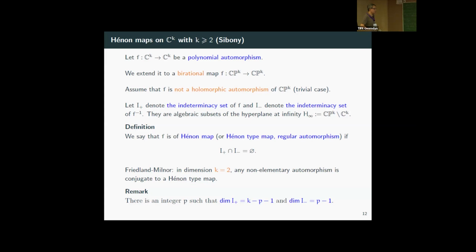And it's not true in higher dimension, but still it's a big family of automorphisms. Also it's not difficult to prove that there is some integer p such that the dimension of I plus is k minus p minus 1, and the dimension of I minus is p minus 1. So the dimension is like that.